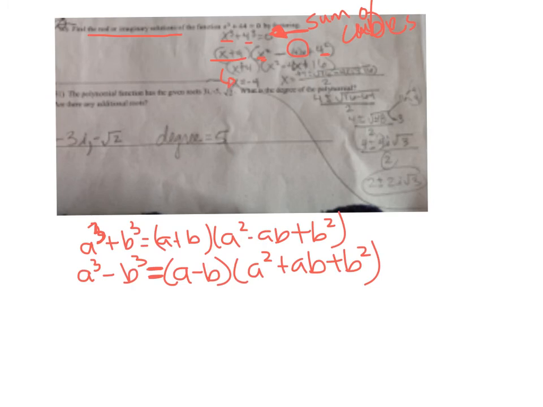And then this x squared minus 4x plus 16, as a reminder, you're going to need to know the quadratic formula for this, because sum and difference of cubes don't factor those quadratics again. So the quadratic formula is x equals opposite b plus or minus square root of b squared minus 4ac all over 2a.